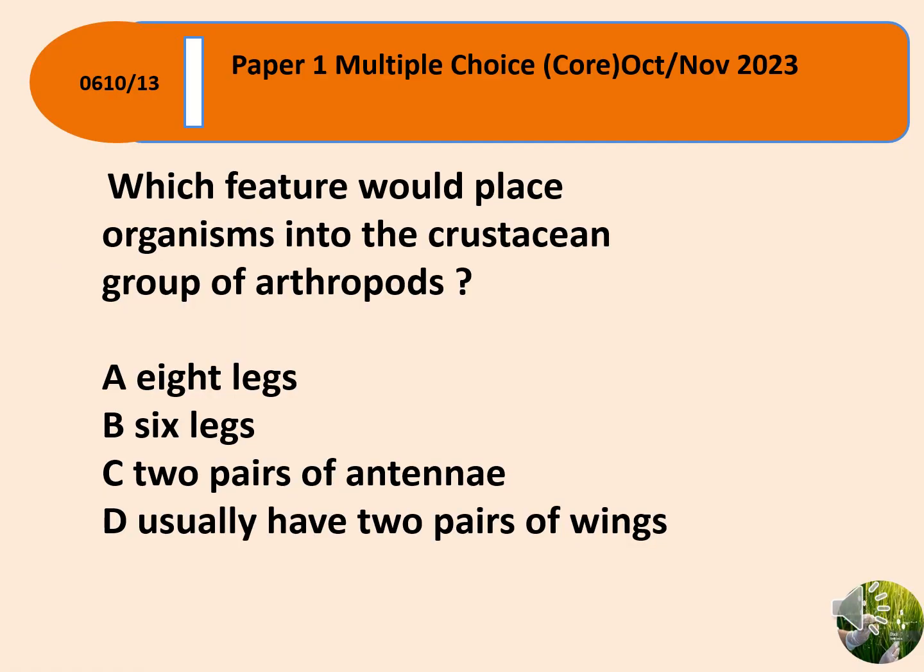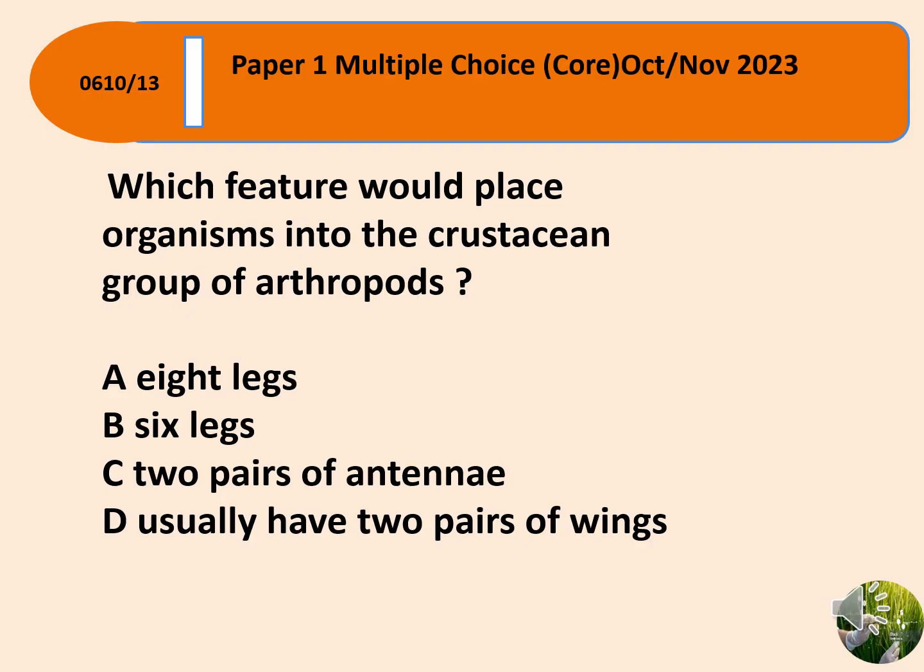This is paper 1 multiple choice, October November 2023. Which feature would place organisms into the crustacean group of arthropods? A. 8 legs, B. 6 legs, C. 2 pairs of antennae, D. Usually have 2 pairs of wings.